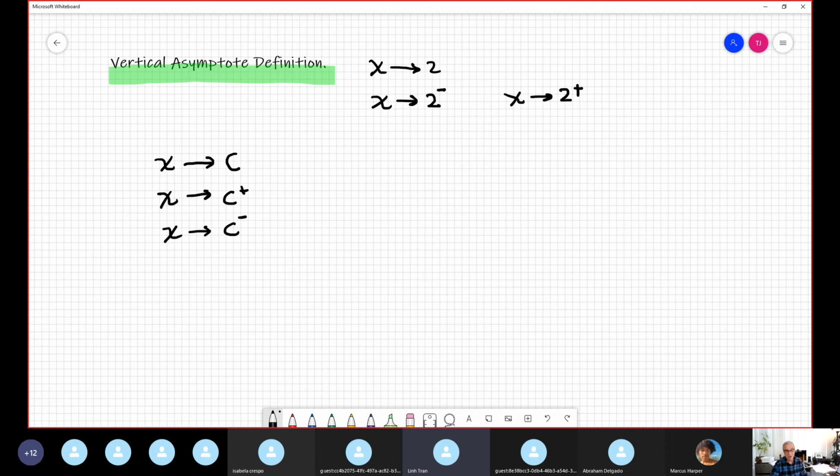I put c to generalize the idea, no, 2, 3, 4, it's a number. And the function, or y, it's the same function notation, approaches infinity positive or infinity negative. We are talking about the vertical asymptote.